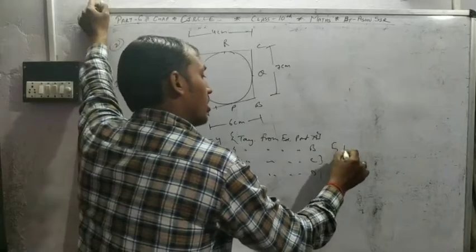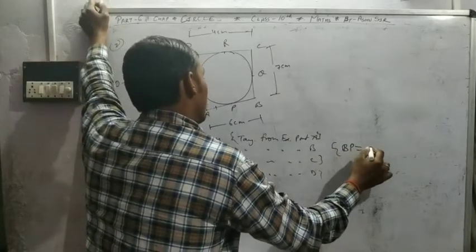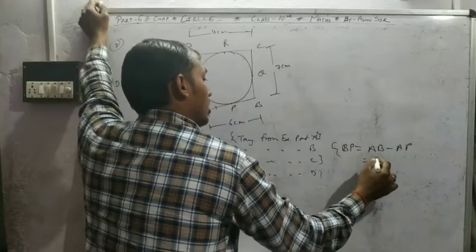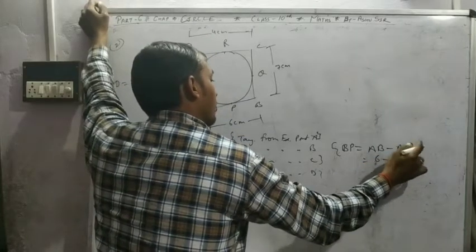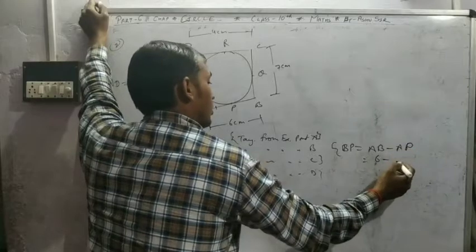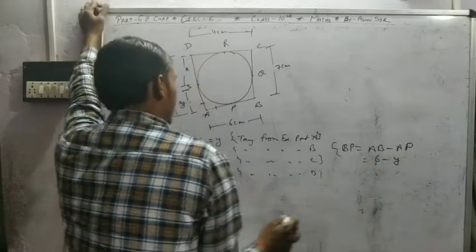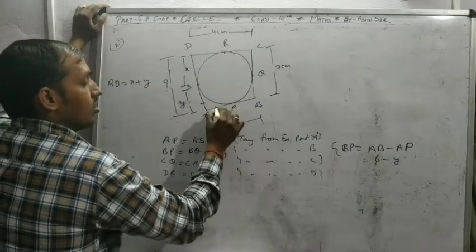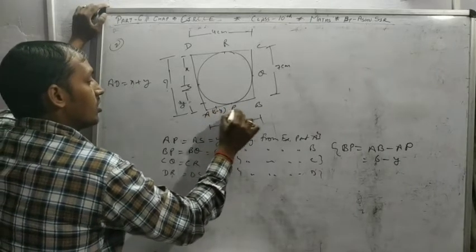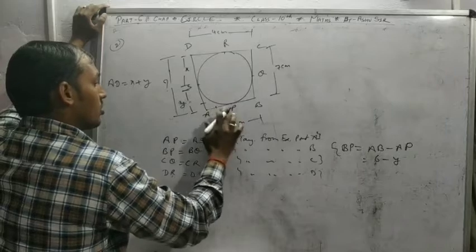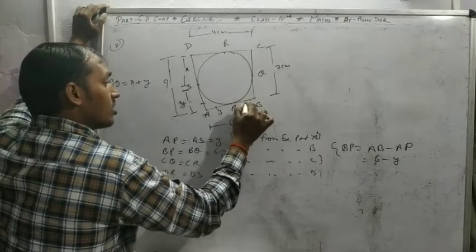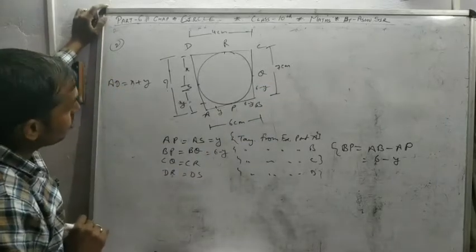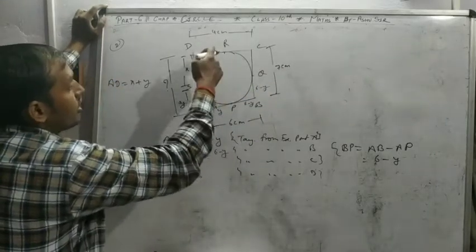We can say BP is equal to AB minus AP, and AB is 6 and AP is Y. So BP and BQ is equal to 6 minus Y. This is Y. This is 6 minus Y. This is 6 minus Y. So that's your choice. You can proceed from here or here. Same.